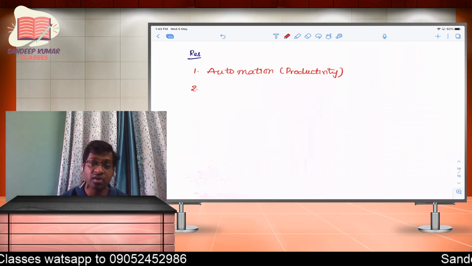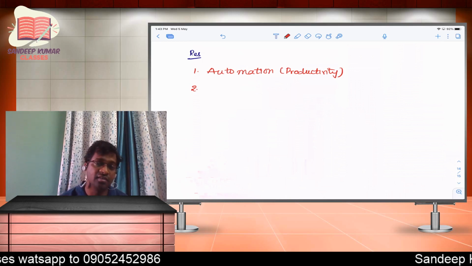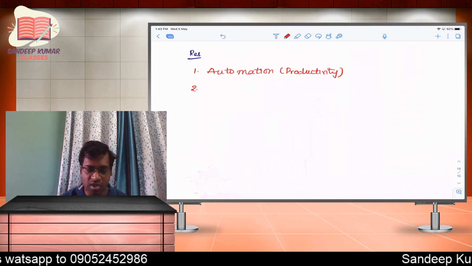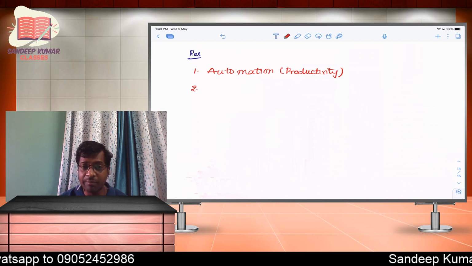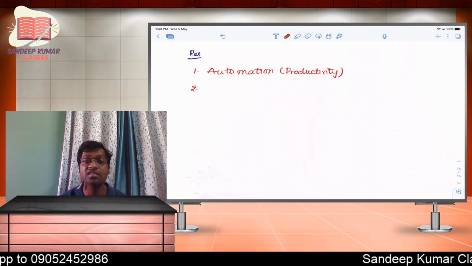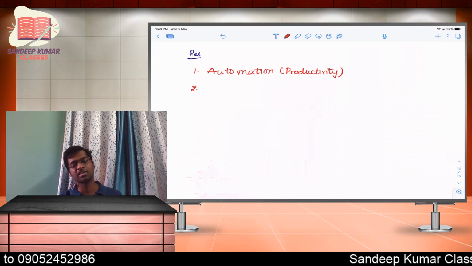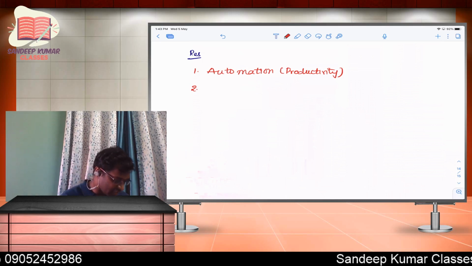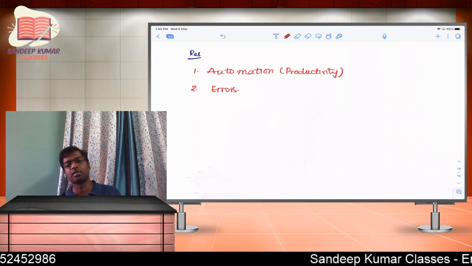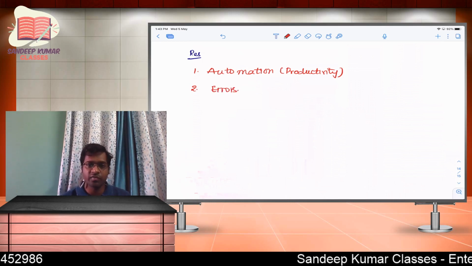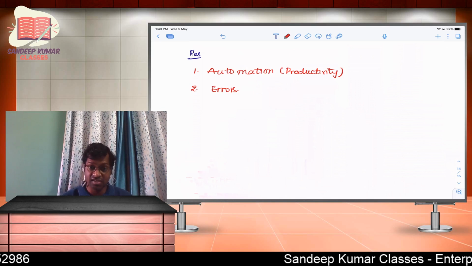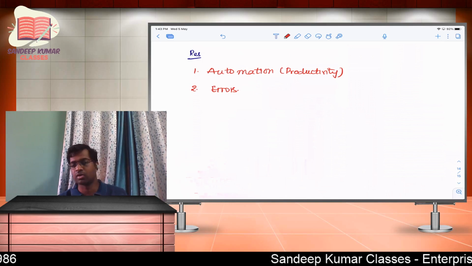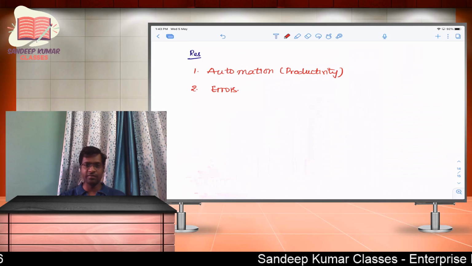But if you use plant and machinery, in that 1 day we can produce 100 or 200. So if we have an automated system in place, we can increase the productivity. And second, the chances of errors will be less. The chances of errors are very, very low. That is the reason we require an information system.